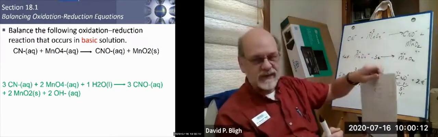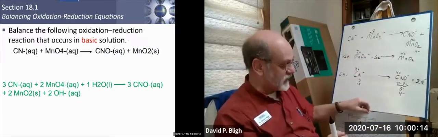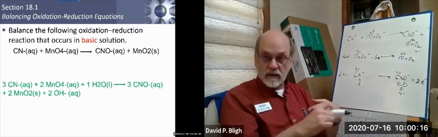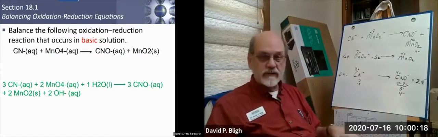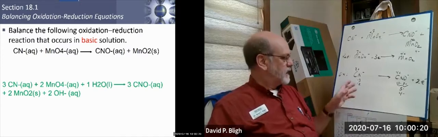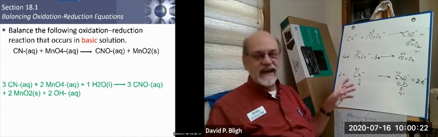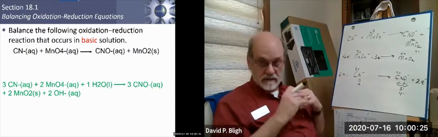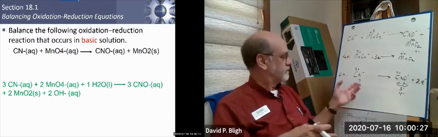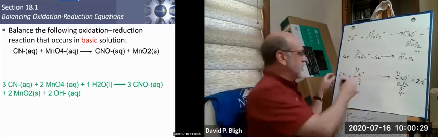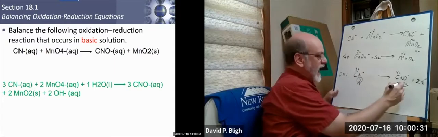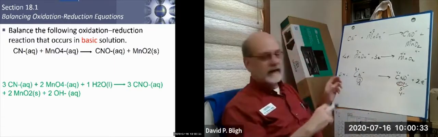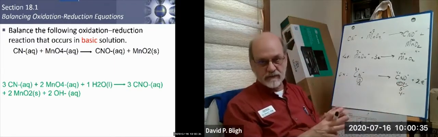Since carbon is in the middle and it has a lower electronegativity than nitrogen, then it's less likely to be a constant valence. So that's why we say nitrogen is 3- here and here, and let carbon be the reduction.